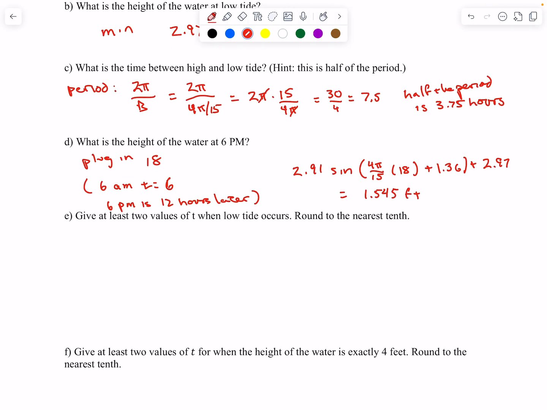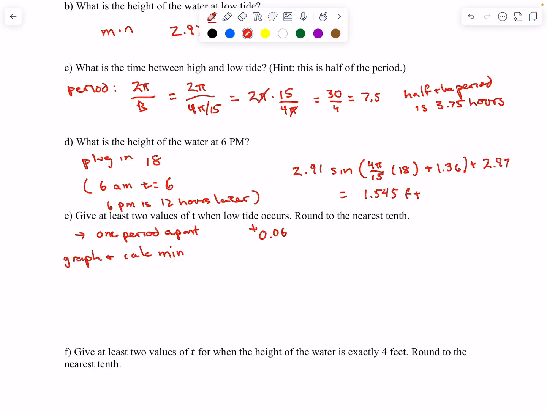All right, low tide. One way to do this: the max and mins are 1 period apart. So you can graph and calc min, or you can say low tide is at 0.06 feet.